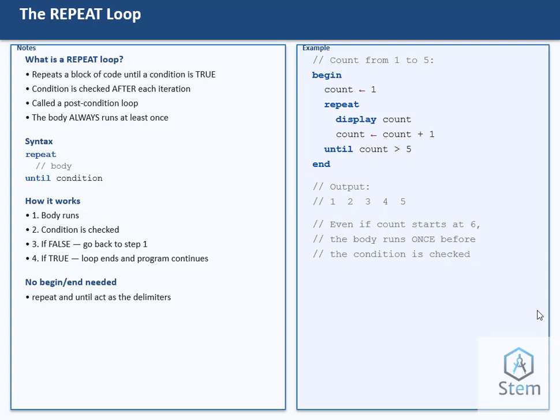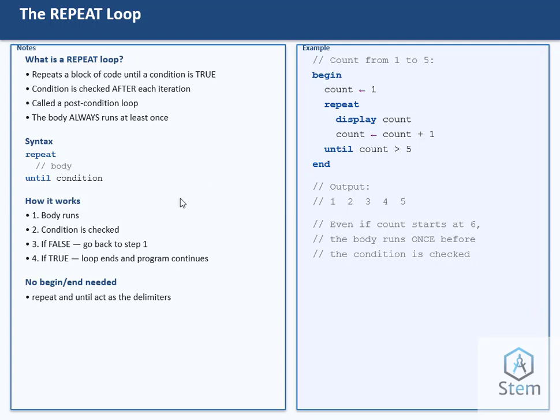What that means is the repeat loop runs first, then it checks whether the condition has been met or not. So this loop is guaranteed to run at least once. That is very different from the while loop, which is a precondition and may never run at all.